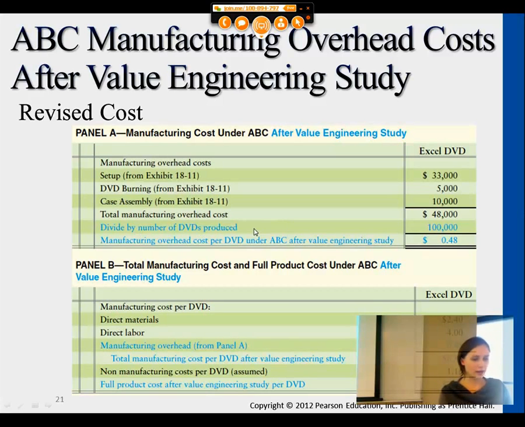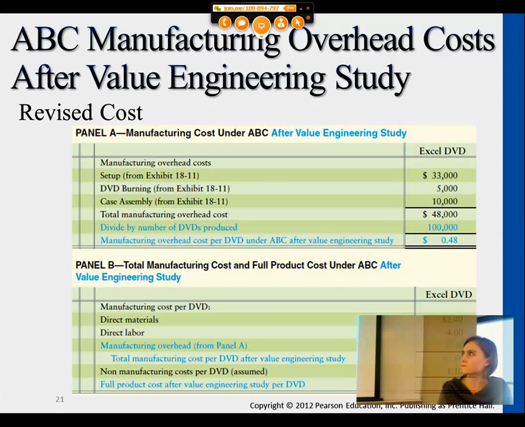We have the total manufacturing overhead cost, the new number, 48,000. We're still producing 100,000 units, and our manufacturing overhead cost per DVD with the value engineering is 48 cents.